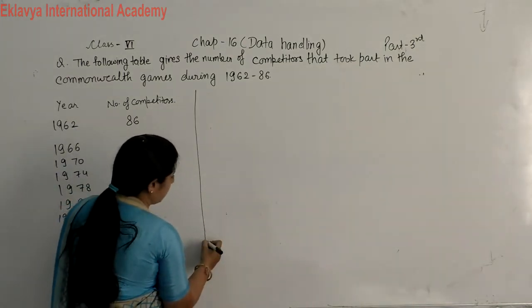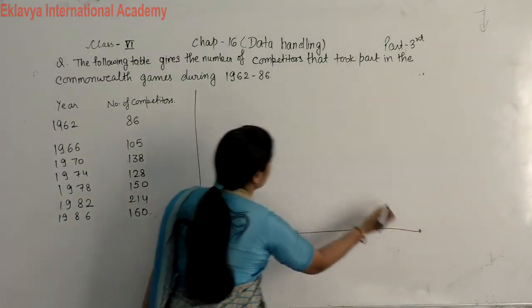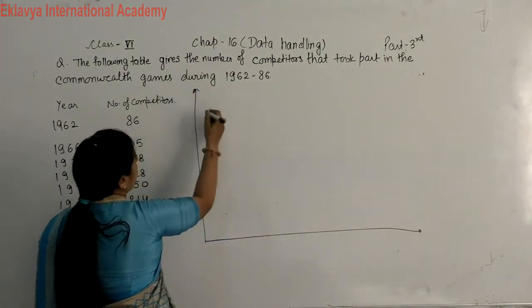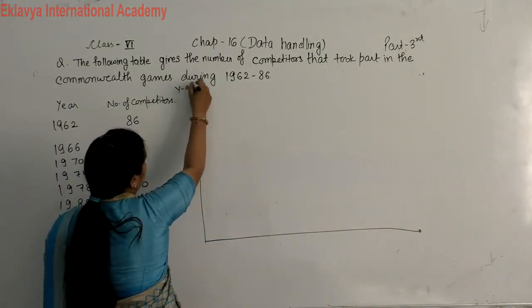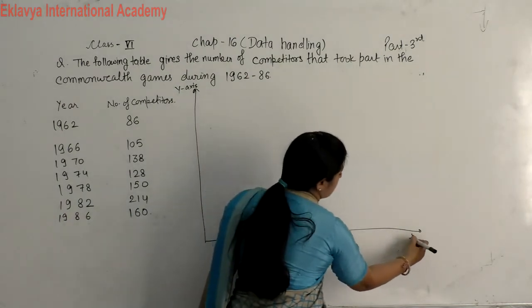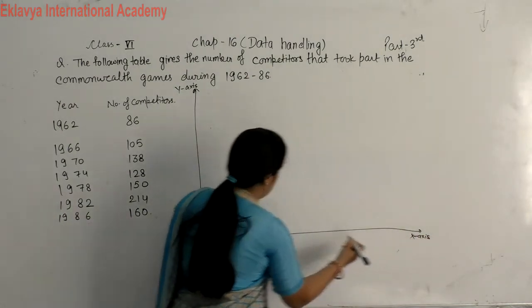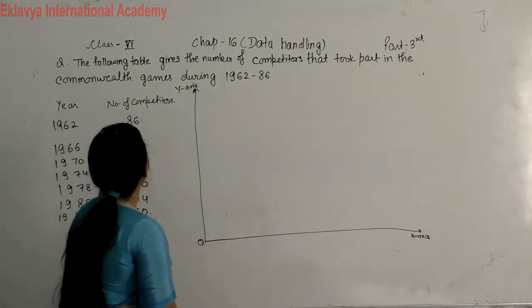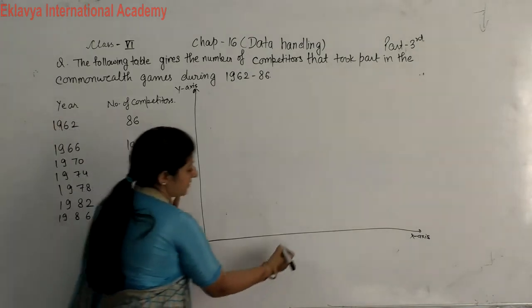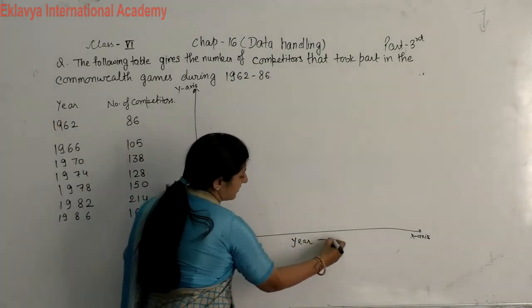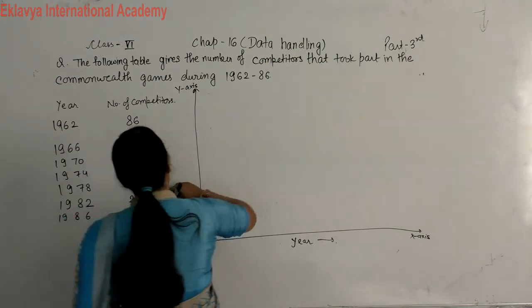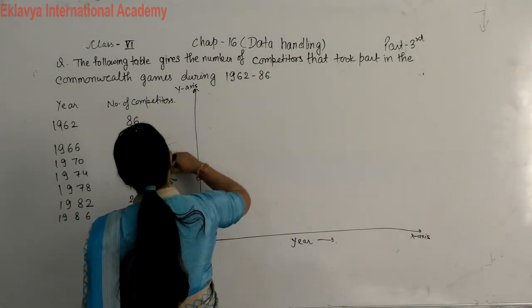Now in the same way, we will make one x-axis and y-axis. On the x-axis we want to represent the year, so we write down here year. On the y-axis, number of competitors.